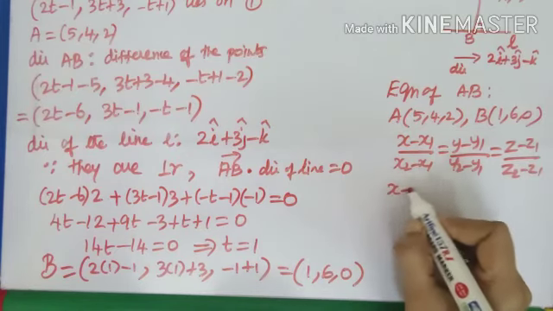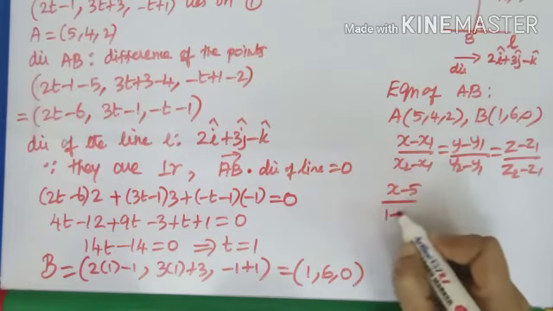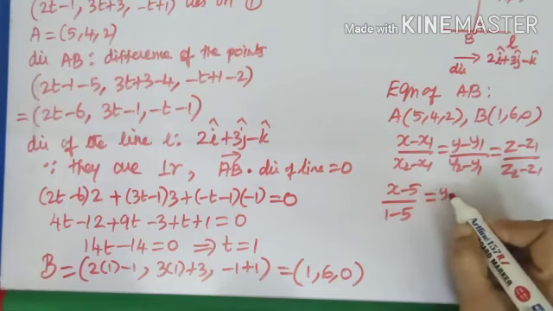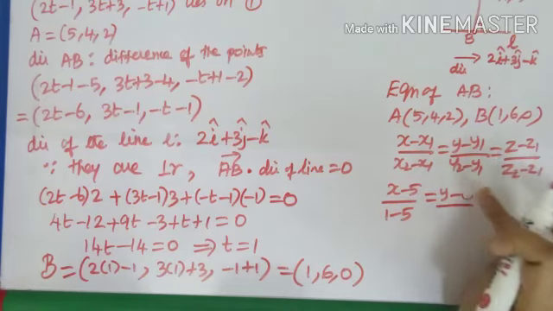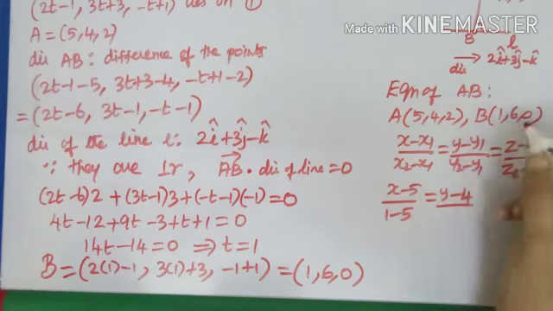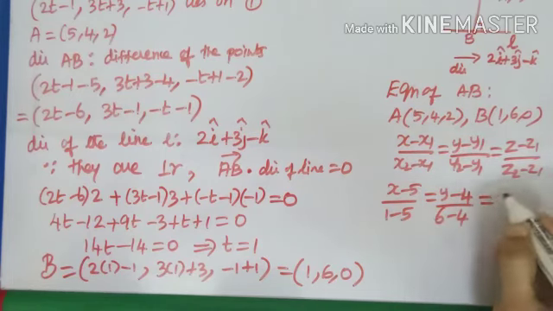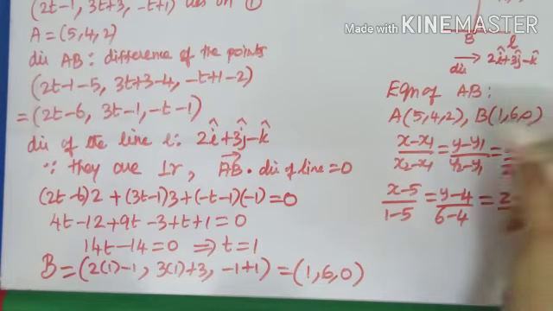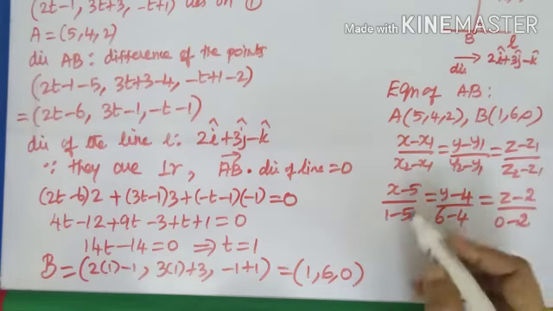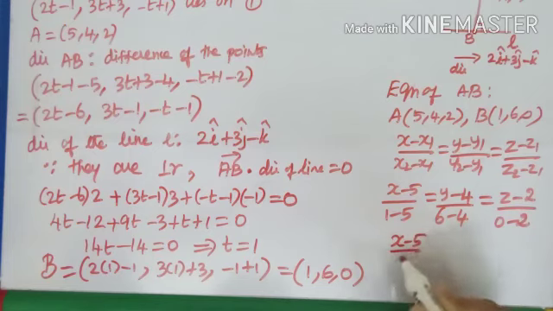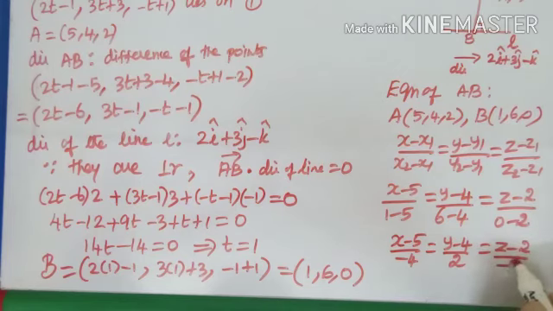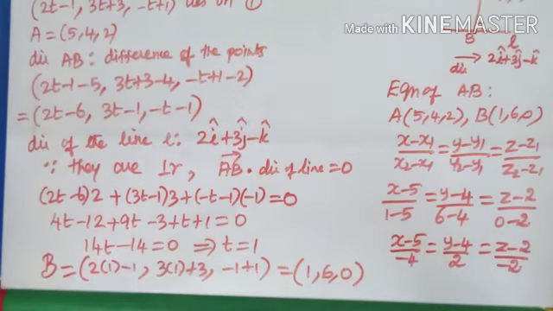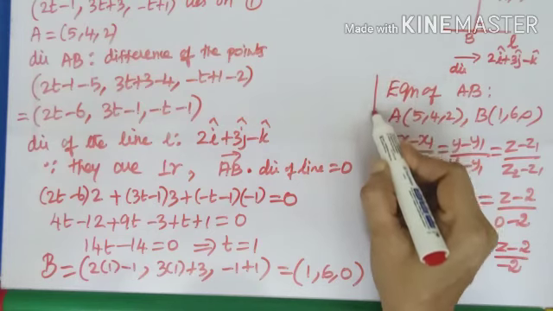So we get (x minus 5) by (1 minus 5), (y minus 4) by (6 minus 4), (z minus 2) by (0 minus 2). As I simplify, (x minus 5) by minus 4, (y minus 4) by 2, (z minus 2) by minus 2, and this is the equation of the perpendicular.